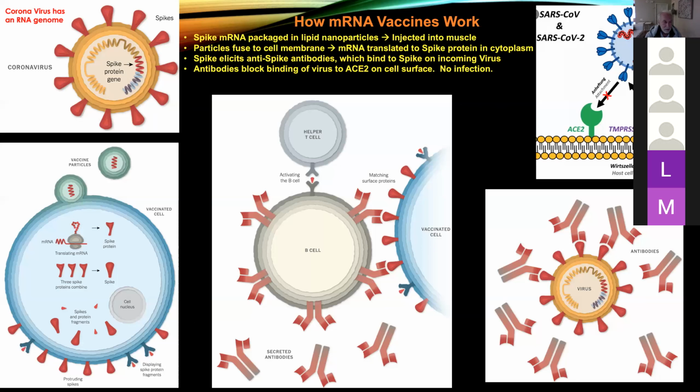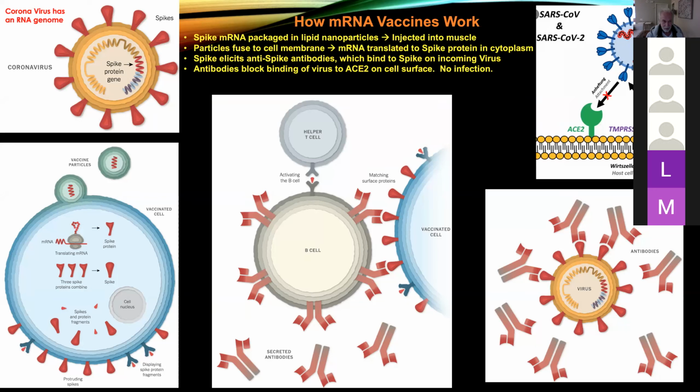And so I want to give you just a brief overview of how each of these types of vaccine works. In the case of mRNA, the mRNA that encodes only the spike protein is packaged into a little oil droplet, a lipid nanoparticle. That's what gets injected into your muscle.